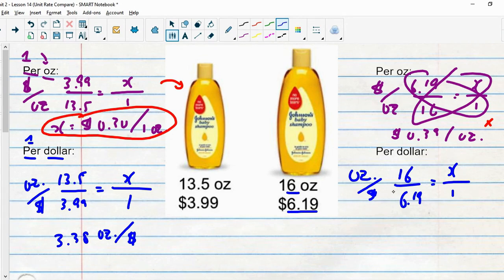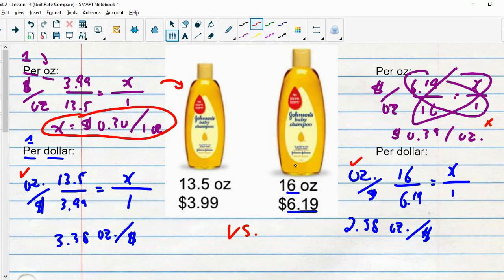Okay. All right, now on this side we have 16 divided by 6.19. What is that? 2.58. All right, so it's 2.58 ounces for every dollar, right? Which is the better deal? Just by judging this one. Which one? This one or this one?